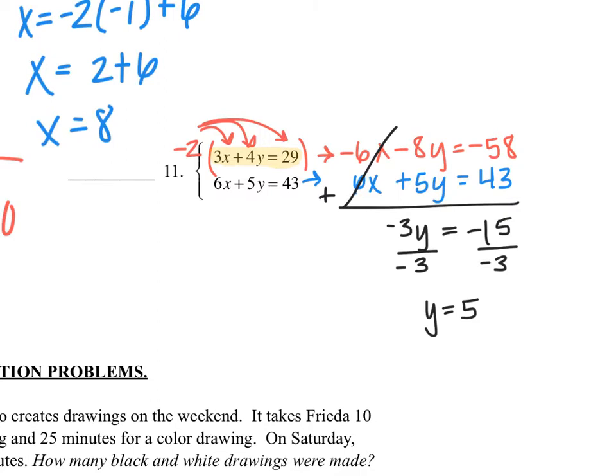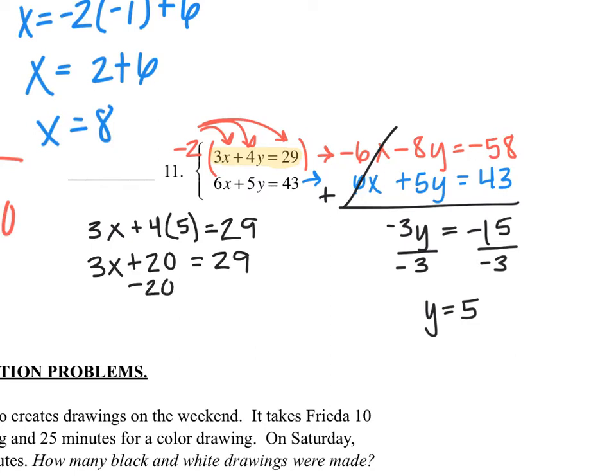So I get 3x plus 4 times 5 equals 29. 3x plus 20 equals 29. Subtract 20 from both sides. That gives me 3x equals 9. Divide both sides by 3 to get x equals 3.